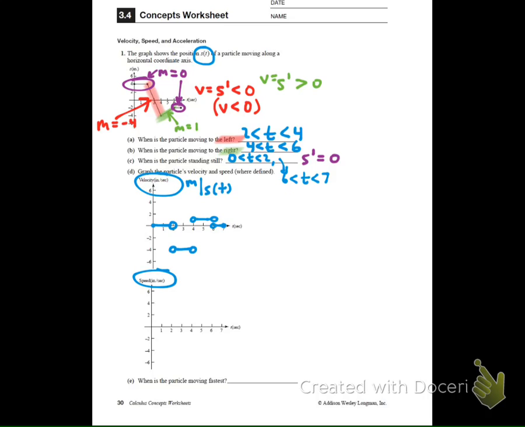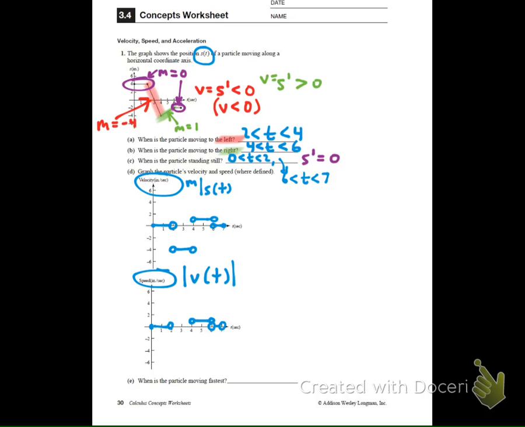Once we get the graph of the velocity, then we can graph the speed. And the speed, again, is the absolute value of the velocity. Everywhere the velocity is equal to 0, the speed is equal to 0. So from 0 to 2 and from 6 to 7, those don't change. Between t equals 4 and t equals 6, the velocity is positive and equal to 1.